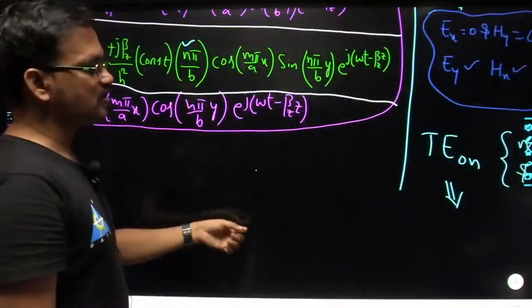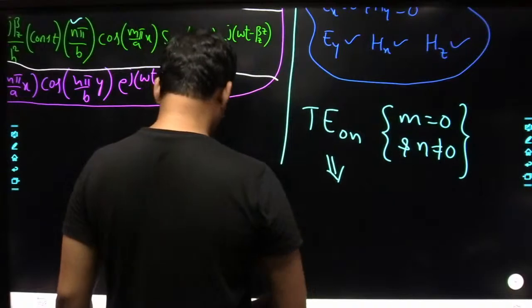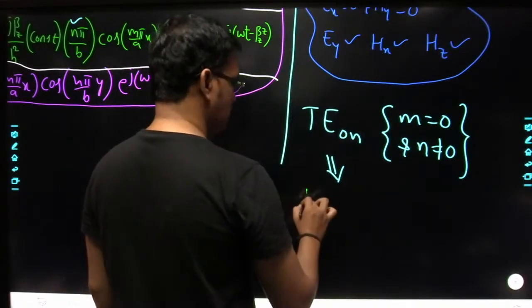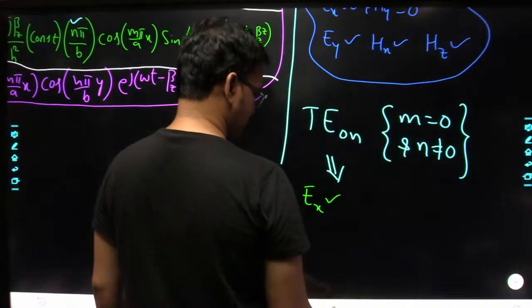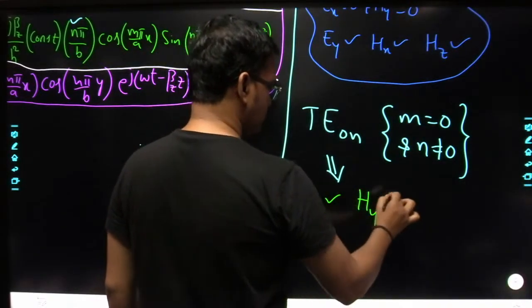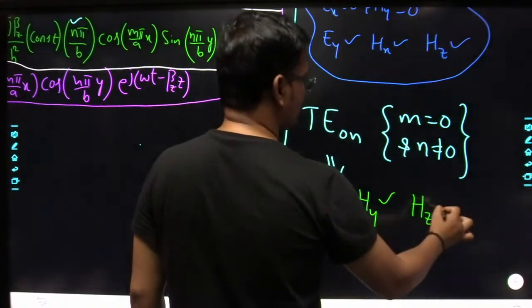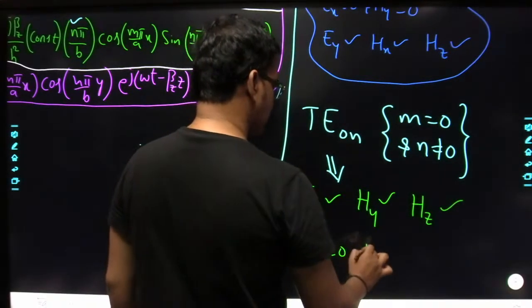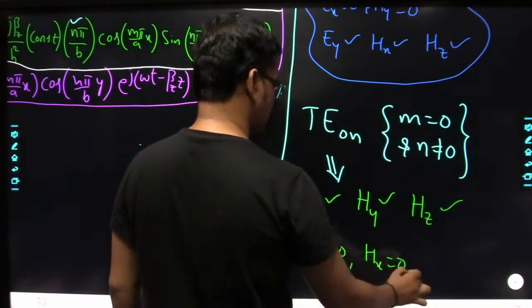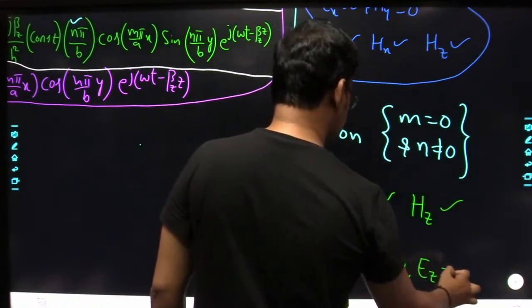Okay, so for TE 0n mode, what are the components that are going to be present here? So Ex will be present and Hy will be present and Hz is also present, right? Whereas Ey will be 0 and Hx will be 0 and Ez is also 0.